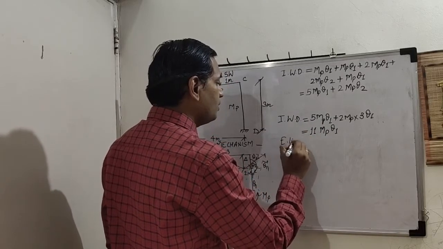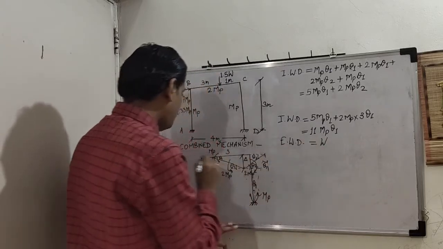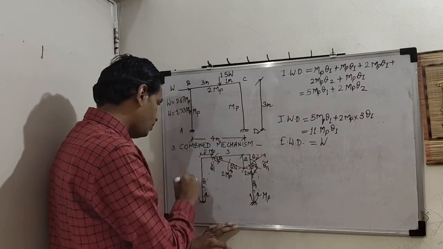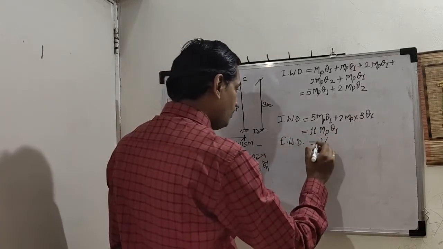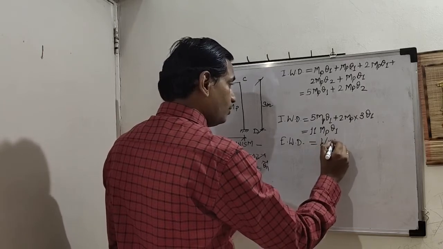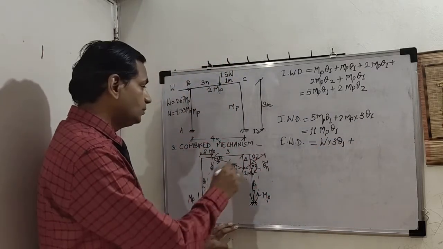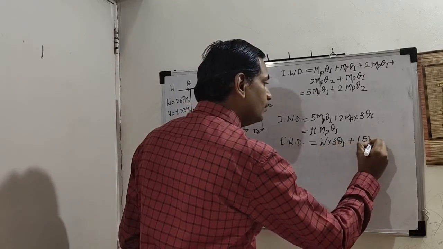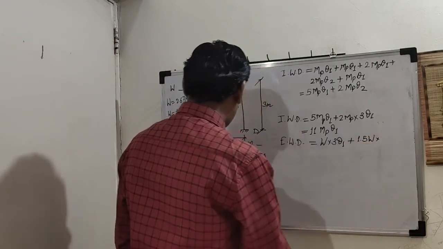What is external work done? W into this delta, delta is 3 theta 1, correct? So W into 3 theta 1, I will write directly, plus 1.5 W into this value of delta, which is 3 theta 1.